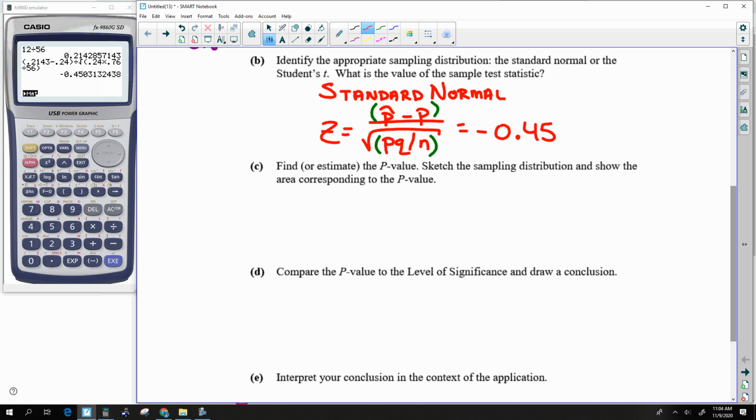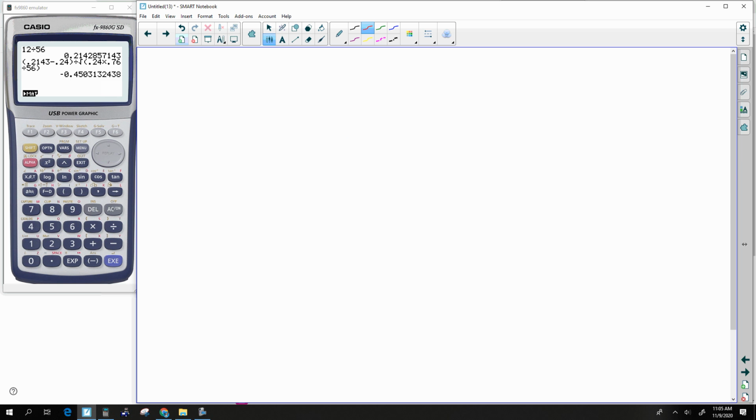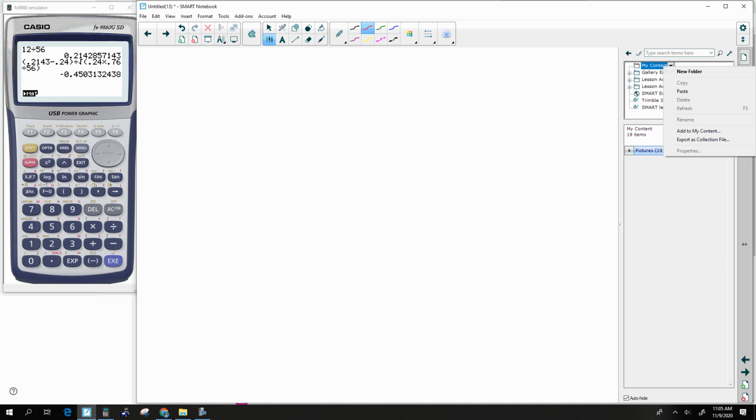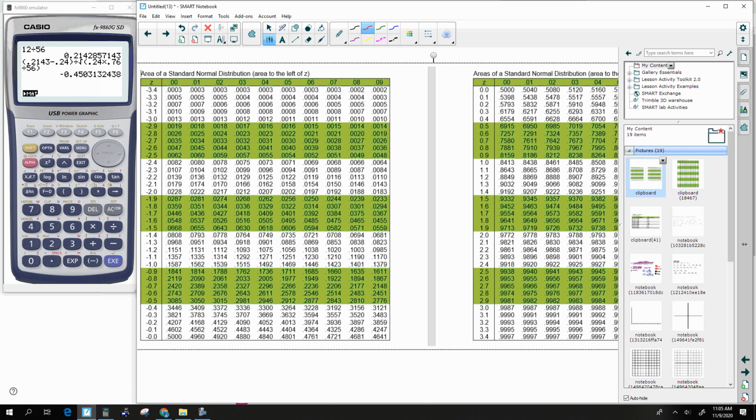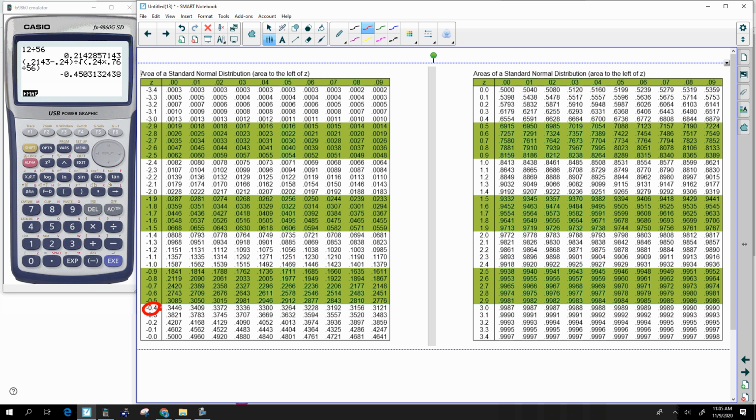Now we turn this into a p-value. This is a z of negative 0.45. Also note that this is a two-tail, and a two-tail indicates that we are going to have to double this p-value. The area for negative 0.45 is 0.3264.